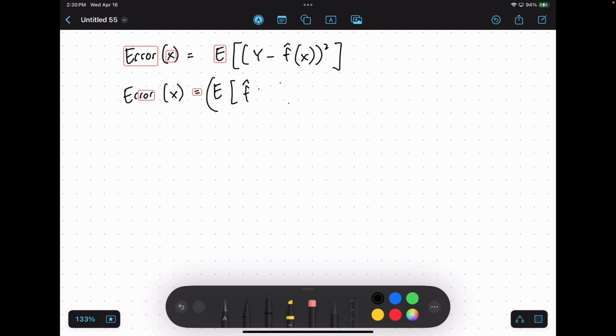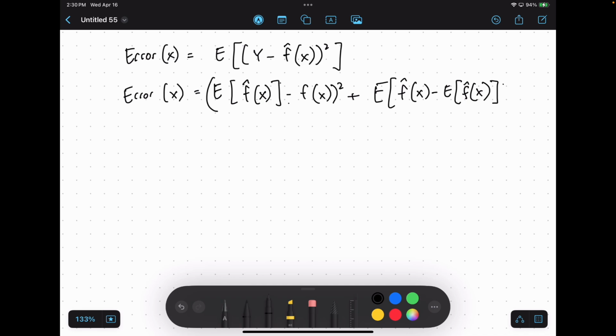Is that f hat or the derivative of that? F hat. Squared.